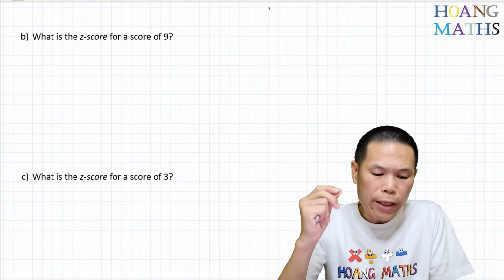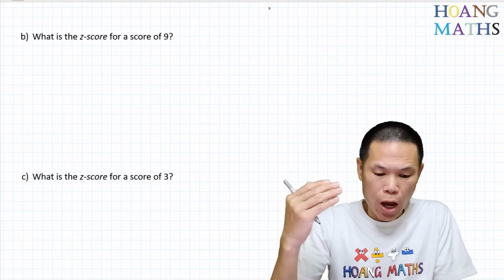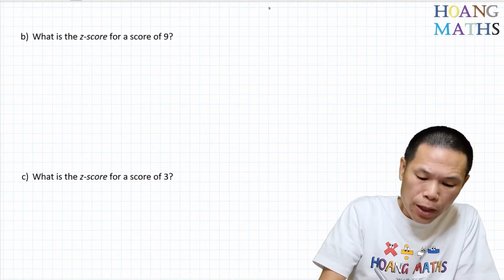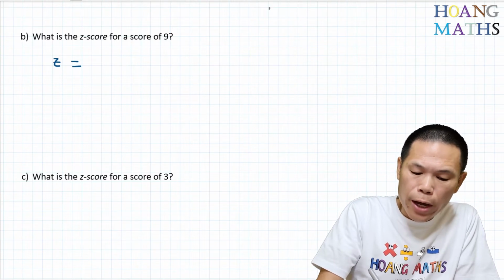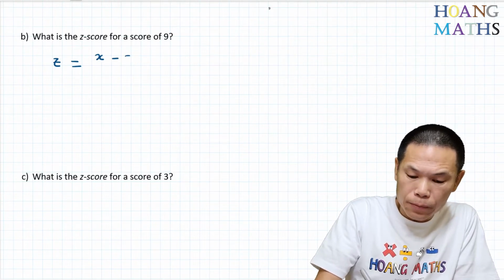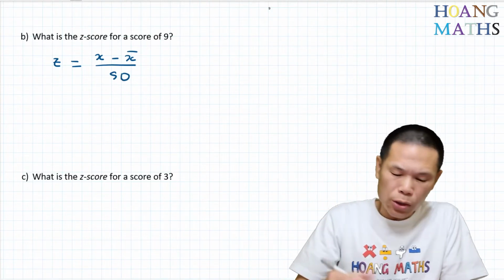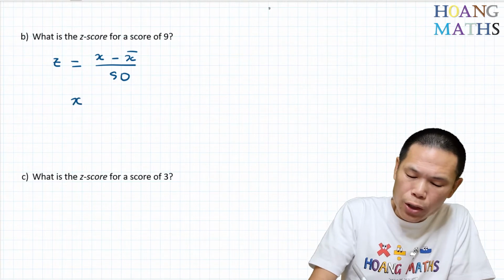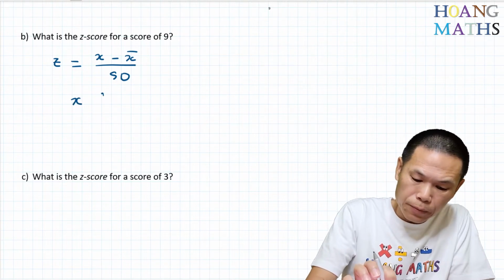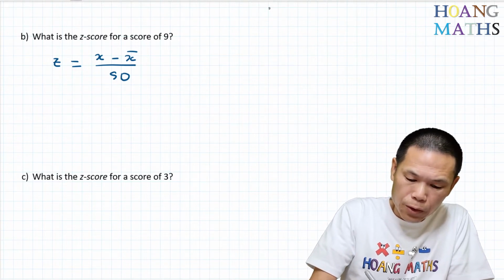Part B. What is the Z-score for a score of 9? First of all, we know that the Z-score equals X minus the mean over the standard deviation. And we just need to substitute the values in.